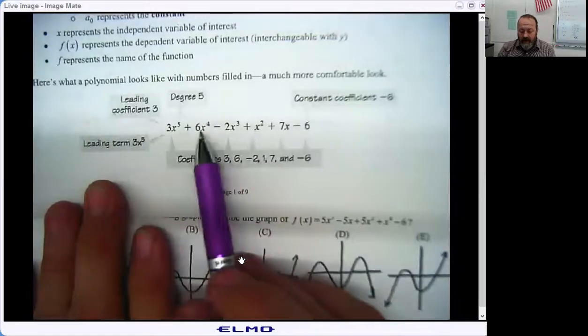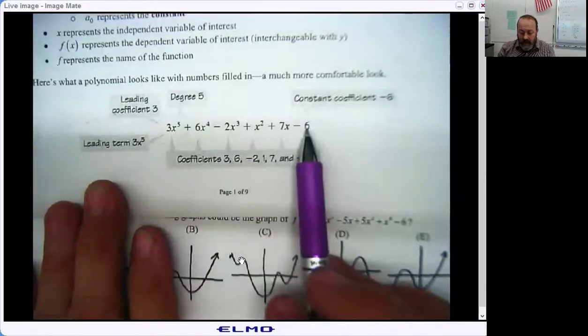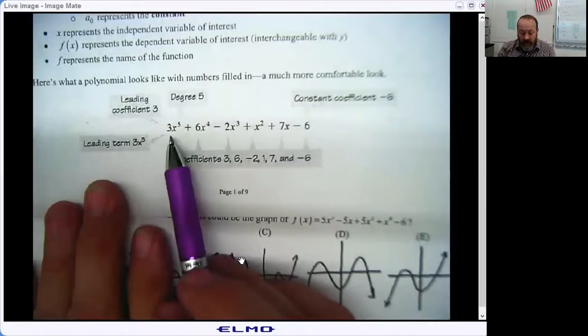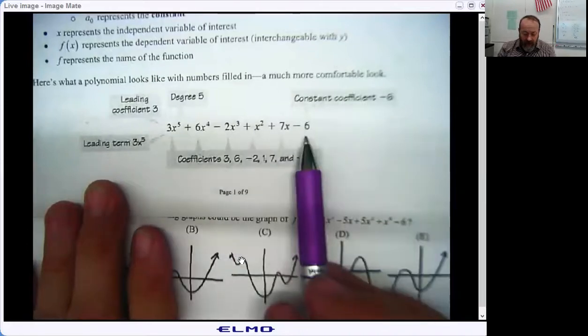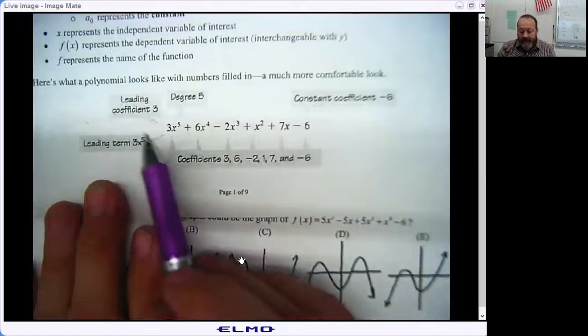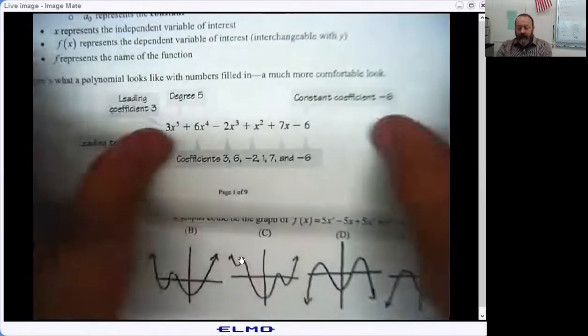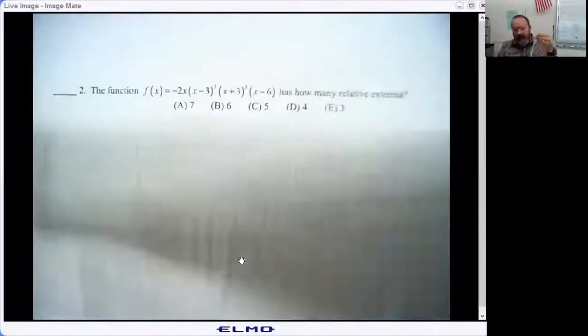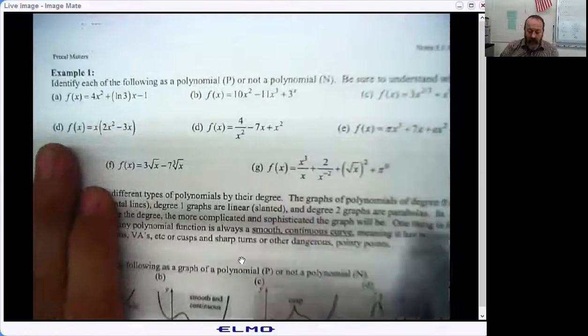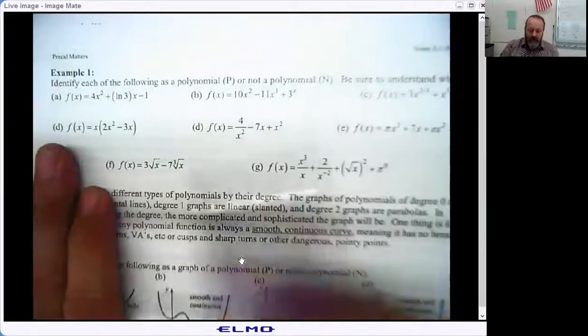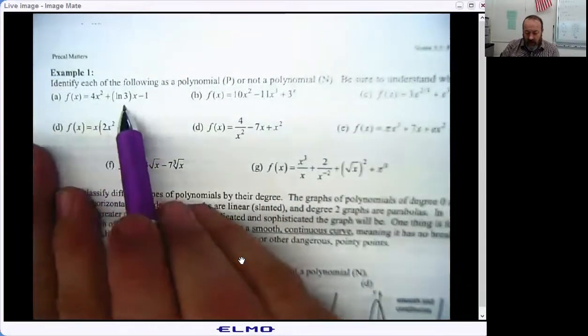Notice that I have 1, 2, 3, 4, 5, 6 terms. The leading coefficient right here is 3. The constant is -6. It's a 5th degree. Let's go a little further and look at which of these actually match that definition. What we don't care about is the coefficients, like the 4 or the ln of 3.